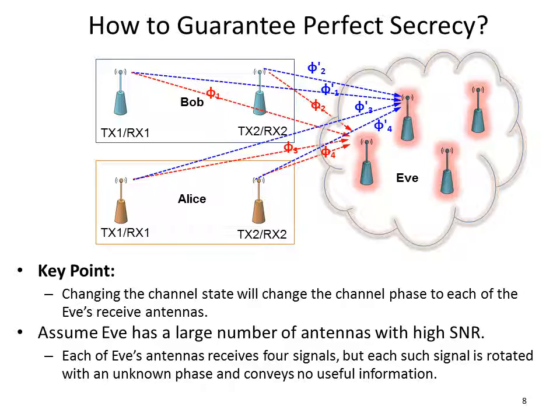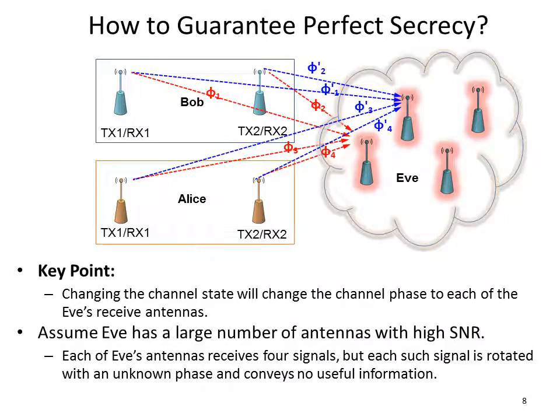So when they are used only once, Eve will have 4 observations, because 4 transmissions have happened, but those 4 observations are through 4 new unknown phase values.